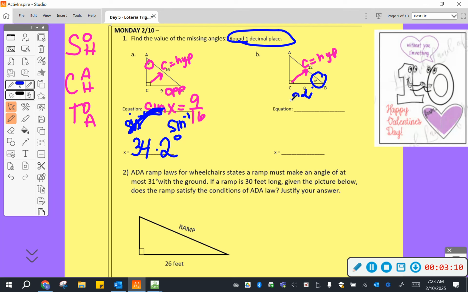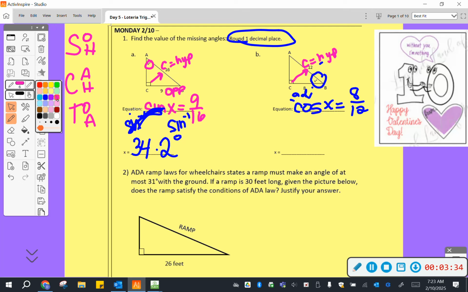And whenever I have adjacent and hypotenuse, look at the letters over here on the left side. Which one has adjacent and hypotenuse? Cosine. So my cosine of my angle, or in this case x, is A over H. What is my adjacent over my hypotenuse? 8 over 12.